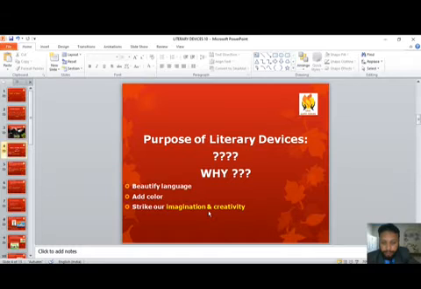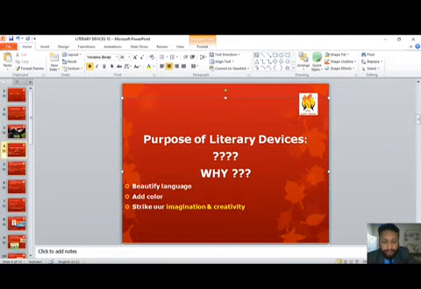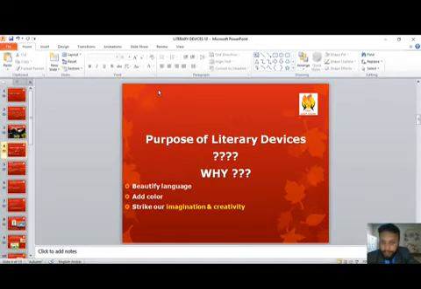We will be forced to imagine, to be creative at our own level. So this is the purpose of literary devices. They help in beautifying the language, adding colors, and striking our imagination, so that we can enjoy the piece of literature and the different poems.